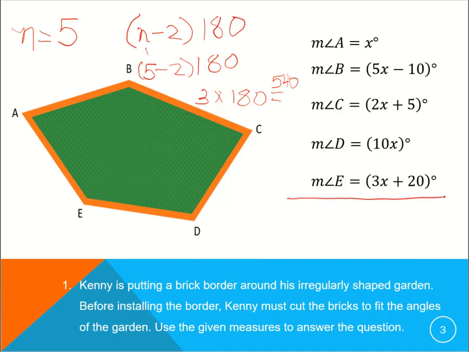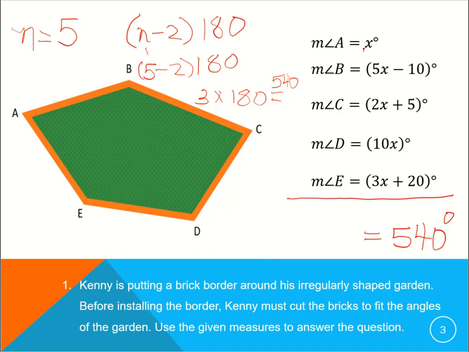So if you had the numbers and added them all together, you would get 540 degrees. Now we don't have the exact numbers, but we do have expressions. So you're going to add these together. I put these on top of each other to make it easier for you to add.